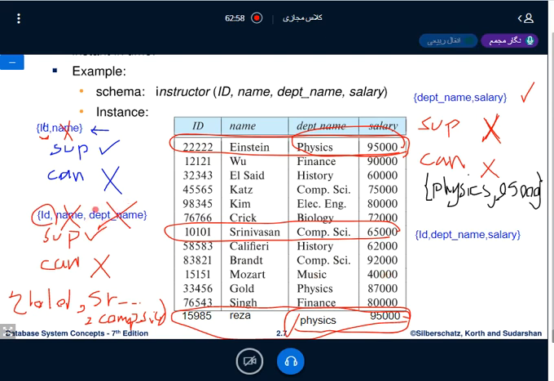With just the ID, I can find the unique record, because ID is unique. ID does not repeat. Then I can find a unique value. Then it's not a candidate key.